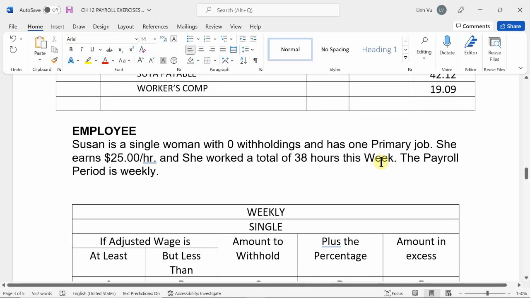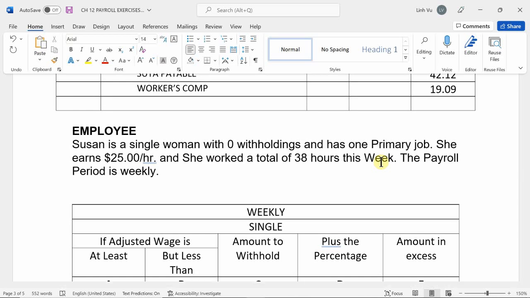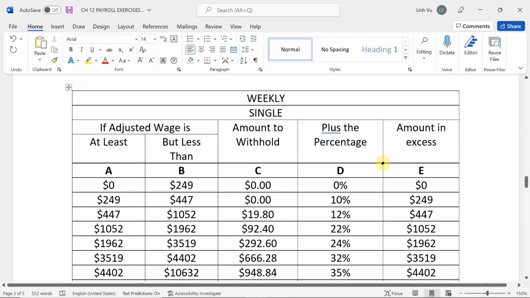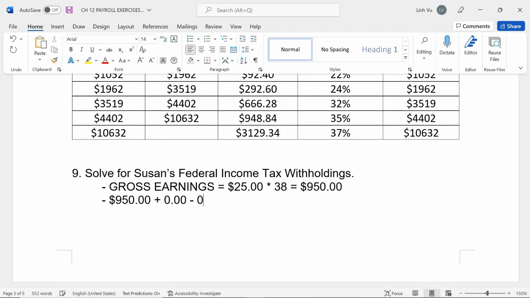I can't see it, but I don't remember you saying any deductions. Okay, all right. So no deductions, okay? So that means her total adjusted gross income is going to be $950, right? Because that's the total amount she's subject to get taxed at.